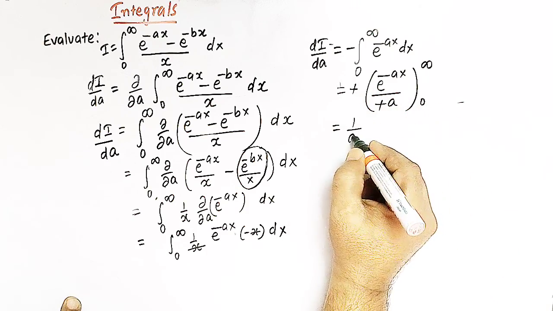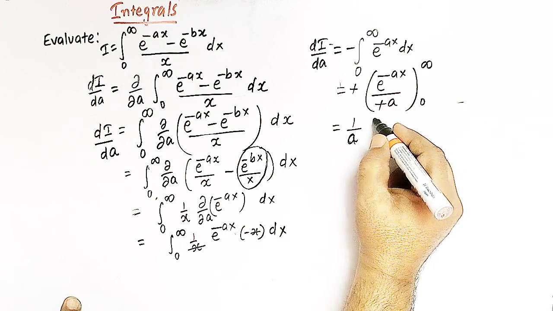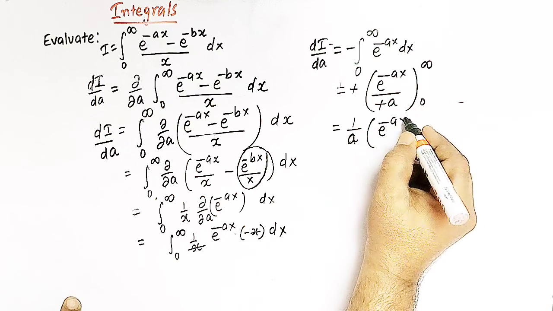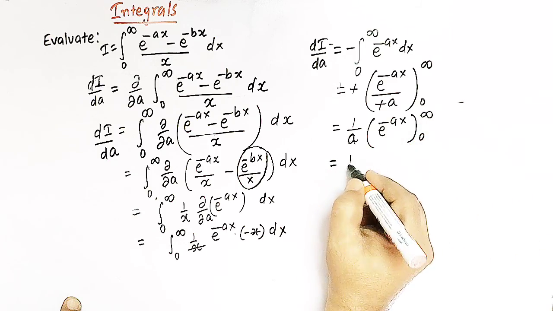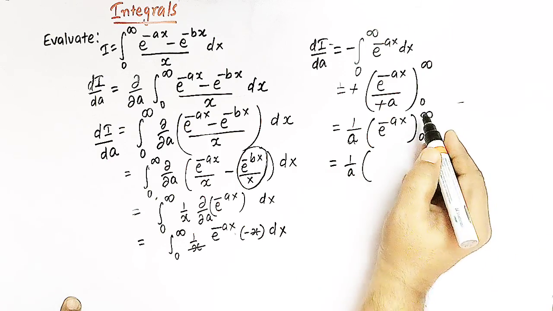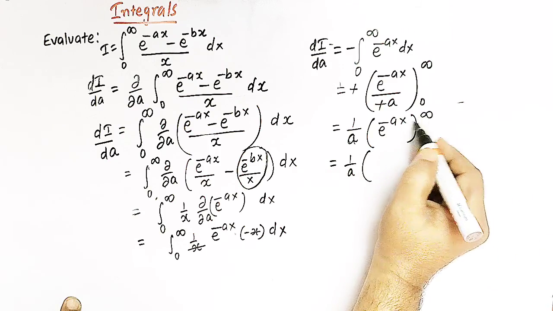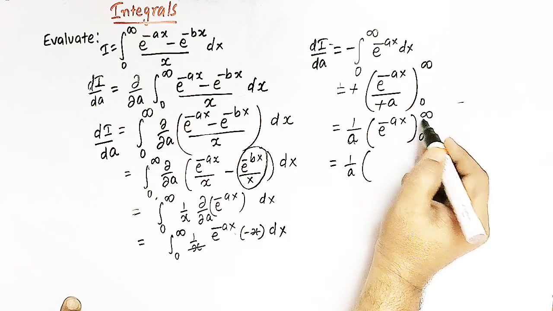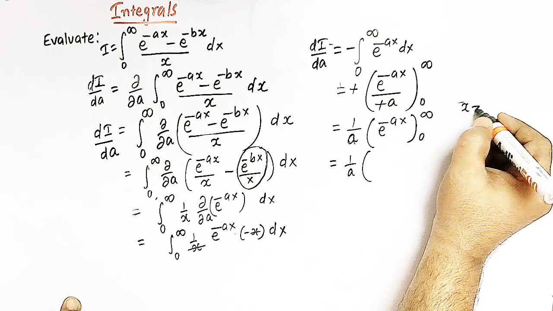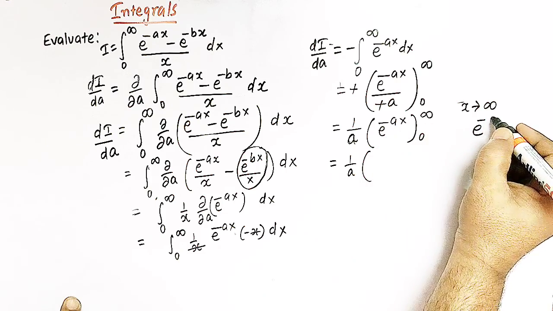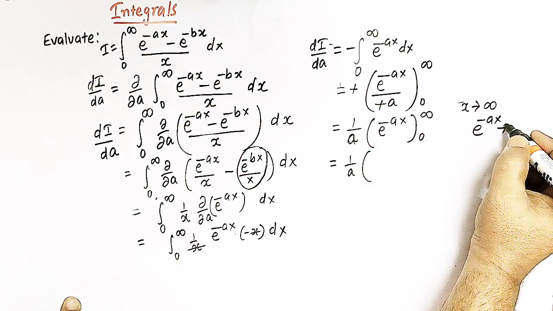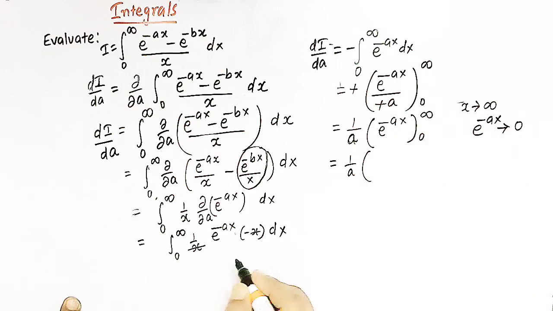We can take 1 over a, and here we have e raised to minus ax from 0 to infinity. Now we can see that when x tends to infinity, that is the upper limit, then e raised to minus ax tends to 0.